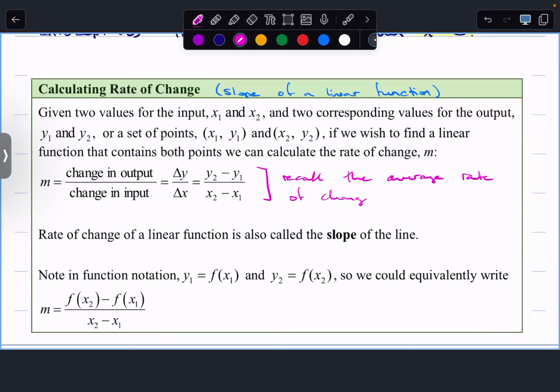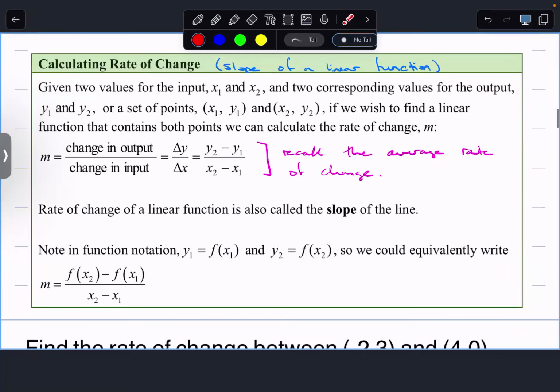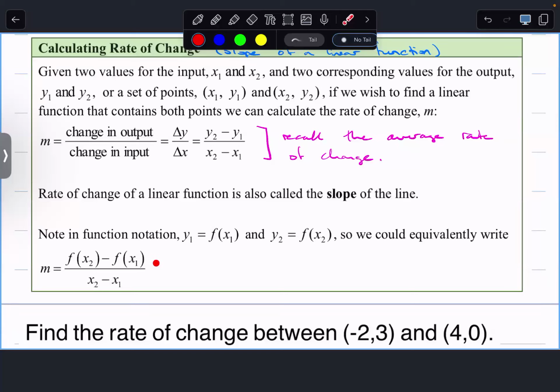When we talked about the average rate of change, I brought up the slope as rise over run, because it is an average rate of change and it's the one that we're most comfortable with, right? And so we can also use the function notation f of x2 minus f of x1 over x2 minus x1 to find the slope.